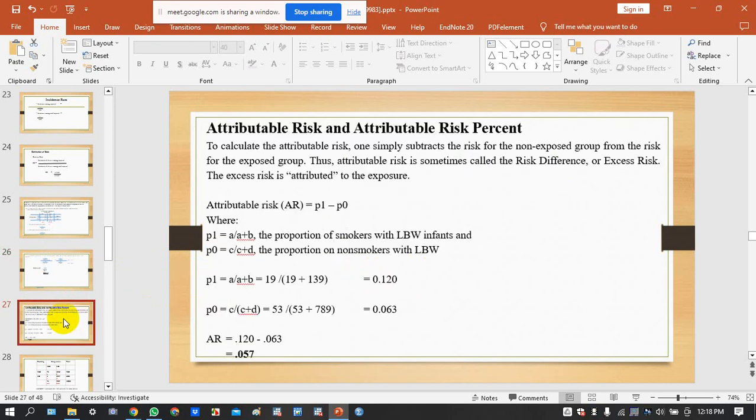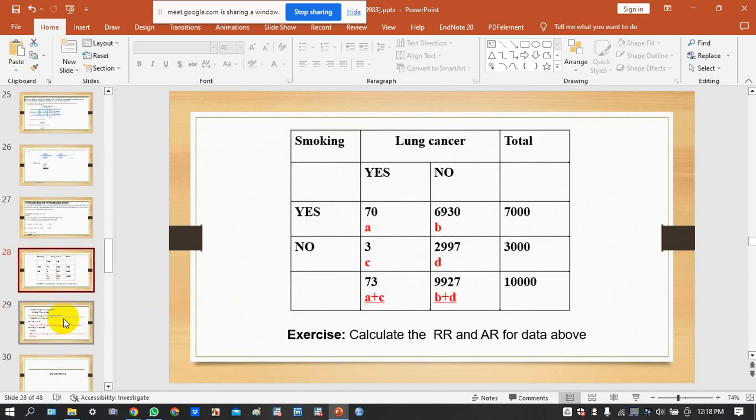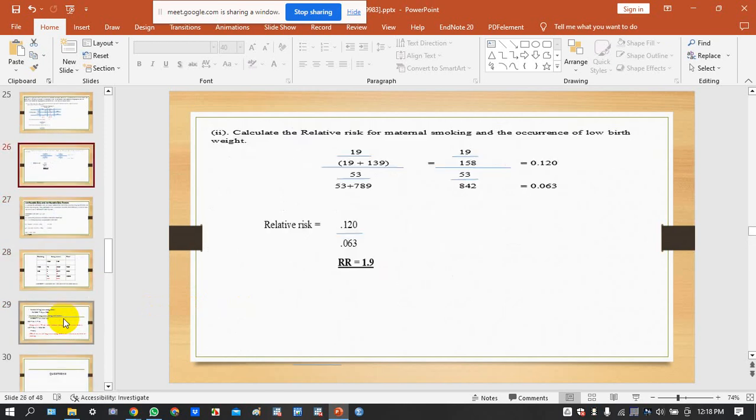So let's see. For the relative risk we divided 0.120 by 0.063, but if we subtract instead of dividing, this one from this one, it will give us the attributable risk.